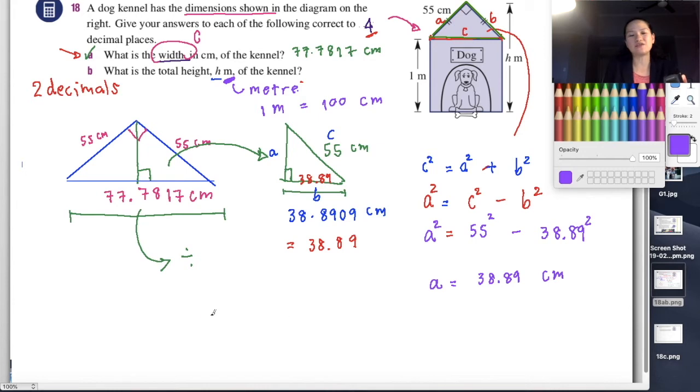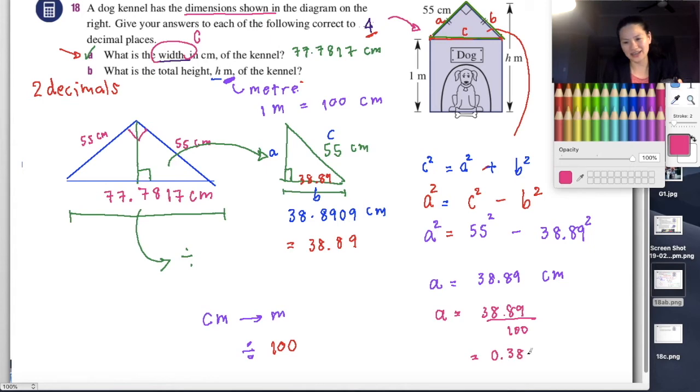We want to change from centimeter to meter. What you're going to do, you have to divide it by 100. So A equal 38.89 divided by 100. So it's equal 0.3889 meter.